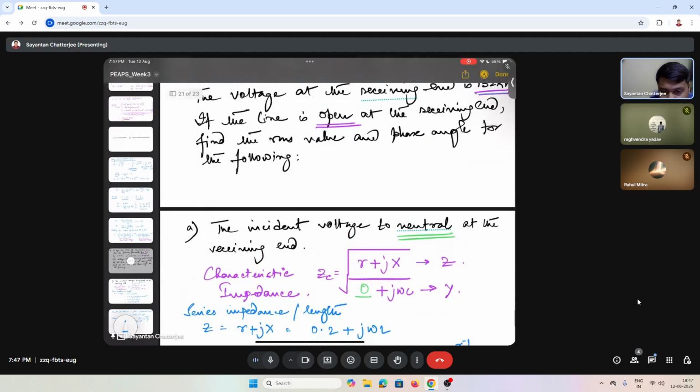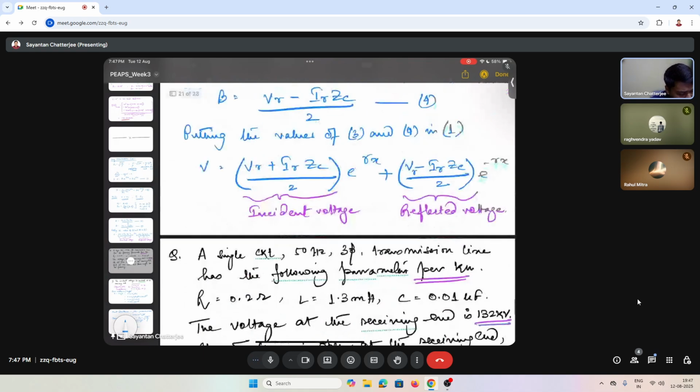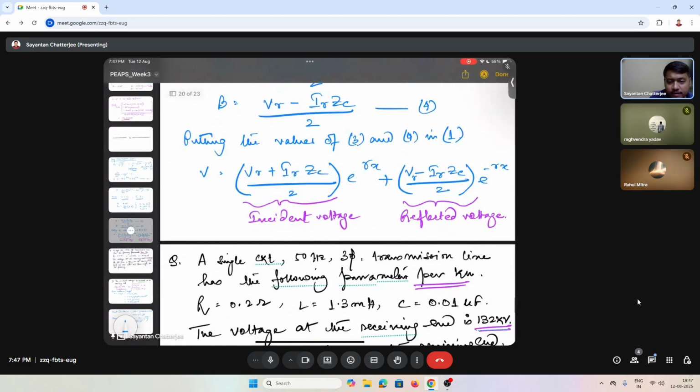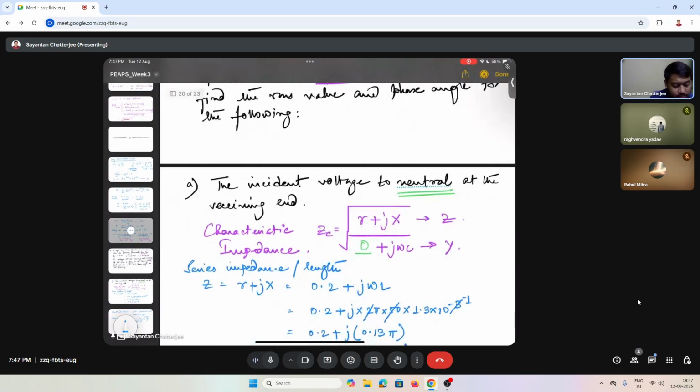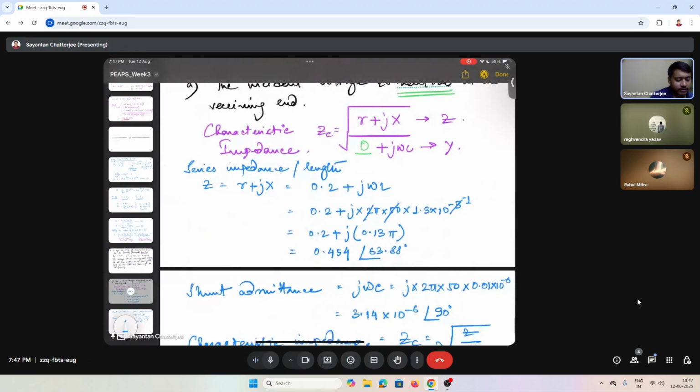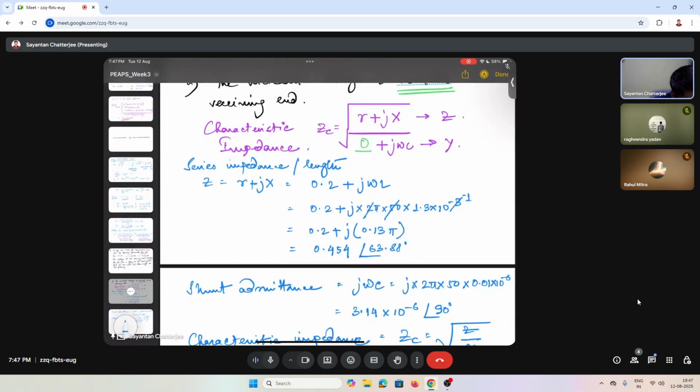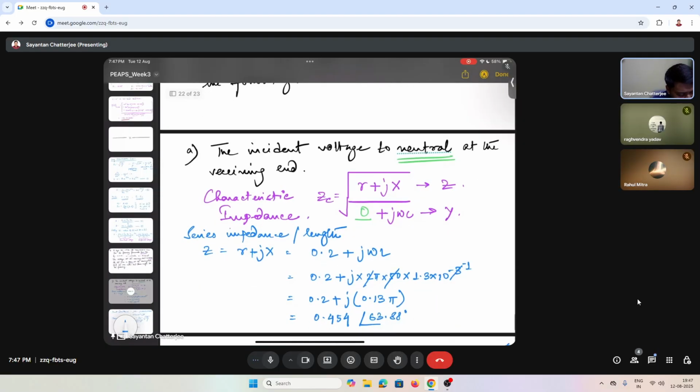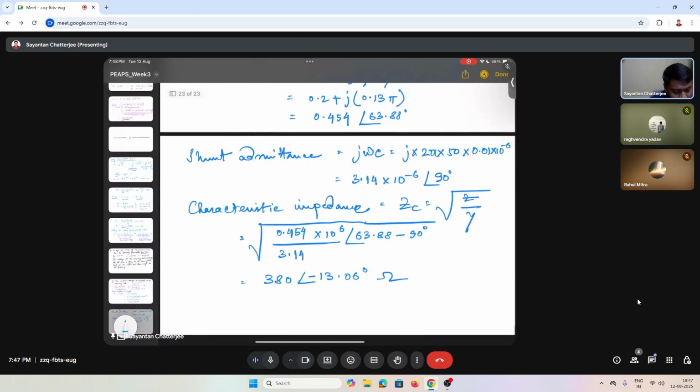The second question is to calculate the reflected voltage. Reflected voltage, not reflection. This is the incident voltage. But the line is given no load. So these values will be required for the third question. So don't consider that these values won't be required.